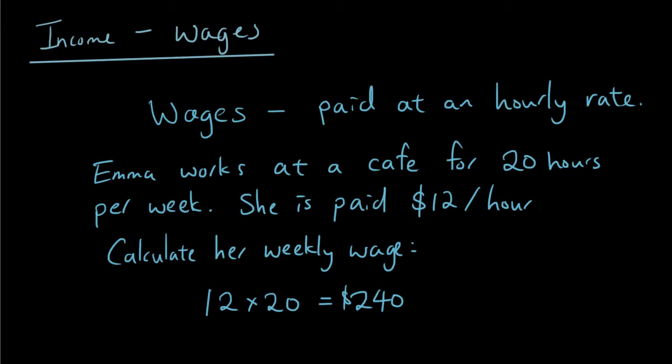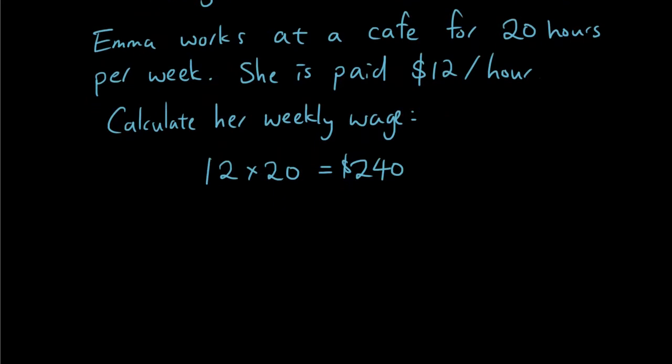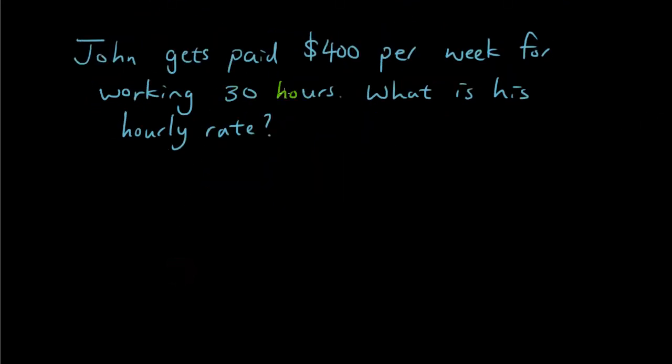Okay, we could also ask you to work it out in reverse. So let's say John gets paid $400 per week for working 30 hours. What is his hourly rate? Well, $400 is how much he got paid for working 30 hours.